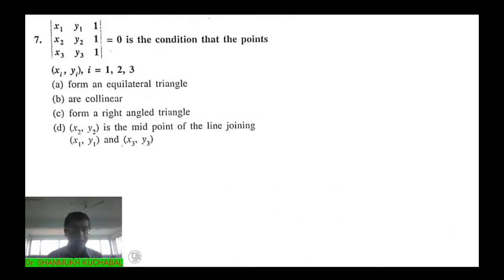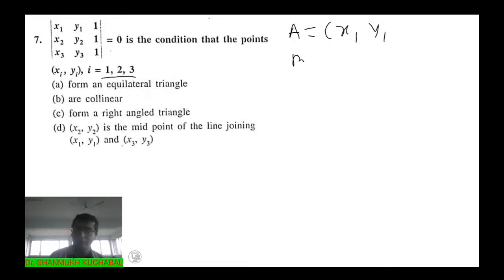We'll move to our next example. The determinant consisting of x1 y1 1, x2 y2 1, x3 y3 1 equal to 0 is the condition that the points xi, yi, where i takes the values 1, 2, 3. That is, I can take the points as A equal to x1, y1.